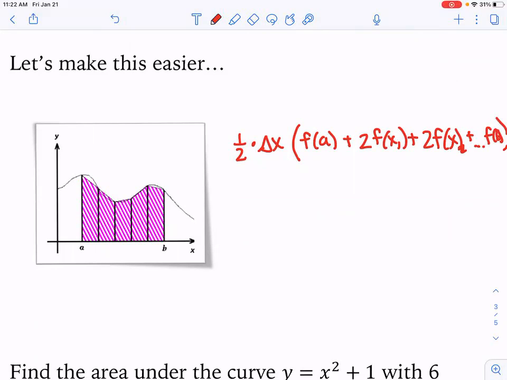And how far apart are those bases going to be? Delta x apart.